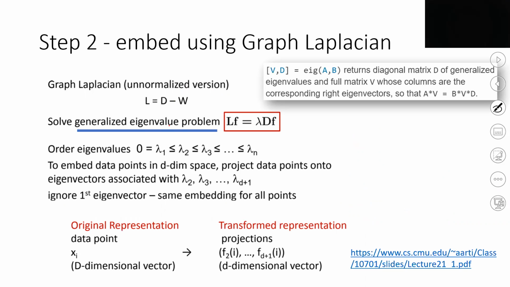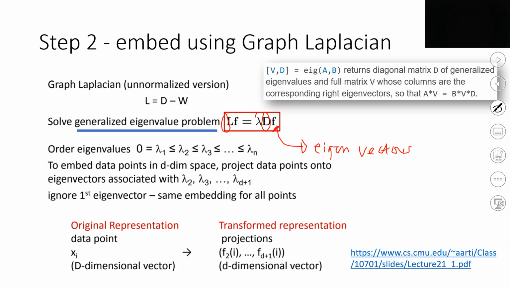Okay, so once we have L and D, these matrices will be used to find the eigenvectors, to solve this system. So what is this generalized eigen decomposition?